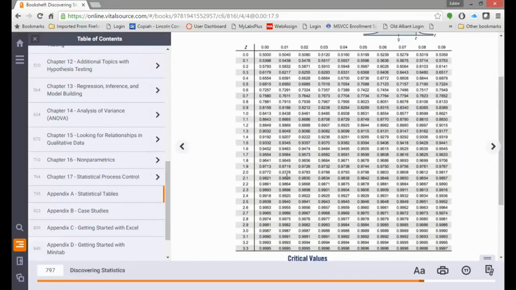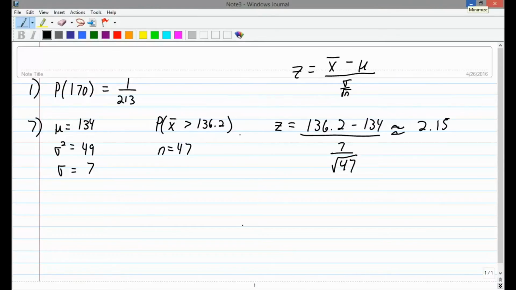So 2.15, I have 0.9842. So it's 1 minus 0.9842. That's the probability that the mean is going to be greater than 136.2.